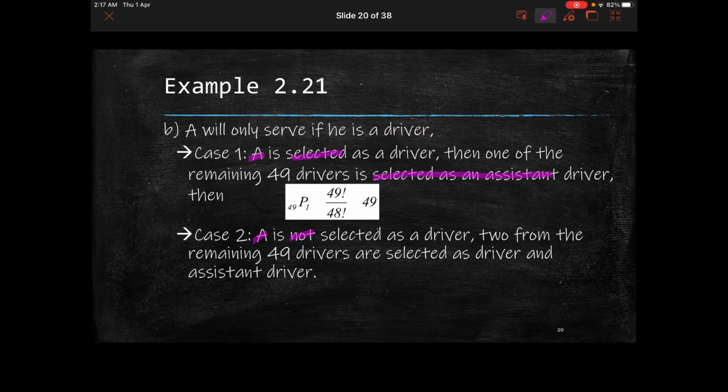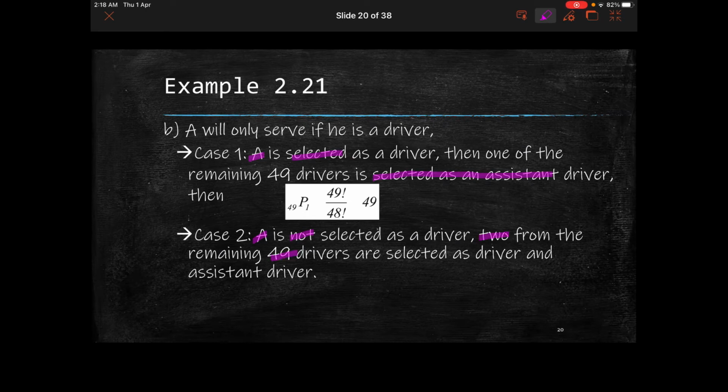For the second part, if A is not selected as driver, because A will only serve if he is a driver, he will not go for an assistant. Therefore, kalau dia tak diselect as a driver, the remaining 49 drivers still as N, because kita kena minus A because it's not selected. So daripada 49 ni, R akan jadi 2.